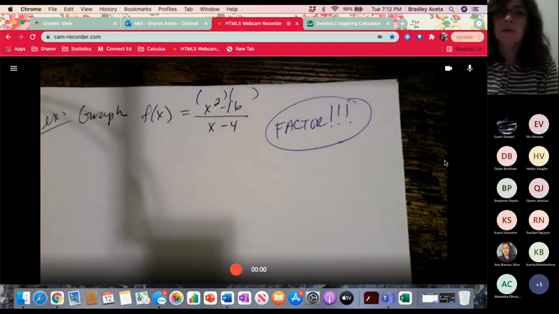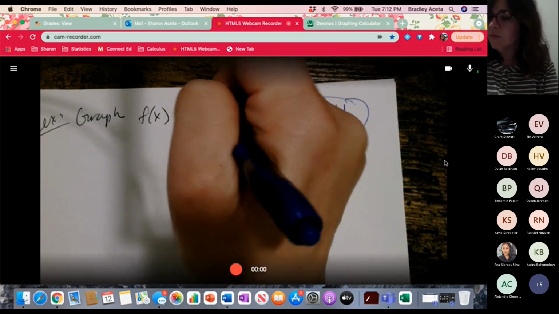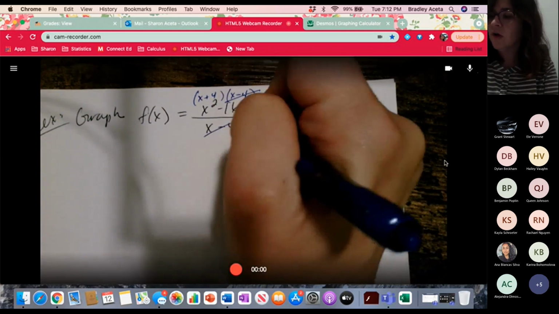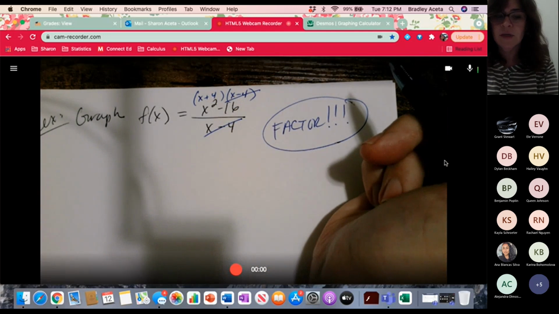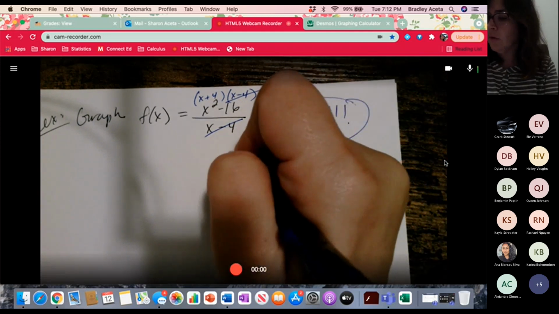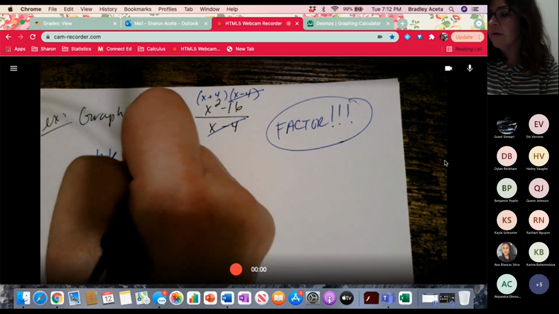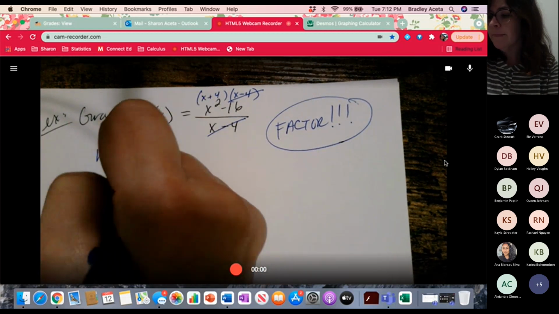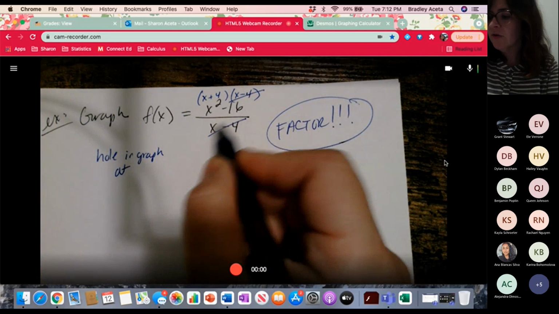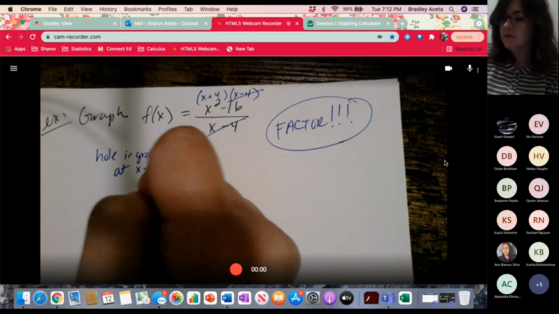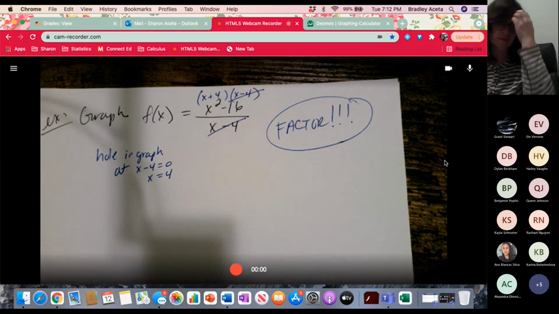Factor x squared minus 16 would be x plus 4, x minus 4. Oh, I can cross off, which means I have a hole in the graph. Set that factor that crossed off, x minus 4, equal to 0. So there's a hole in the graph at 4.